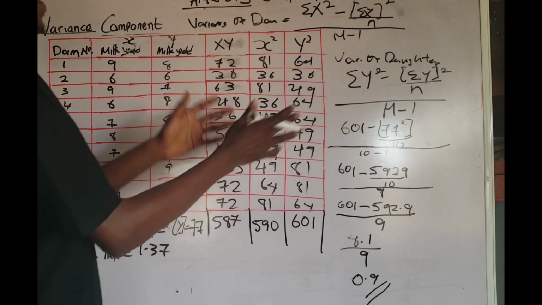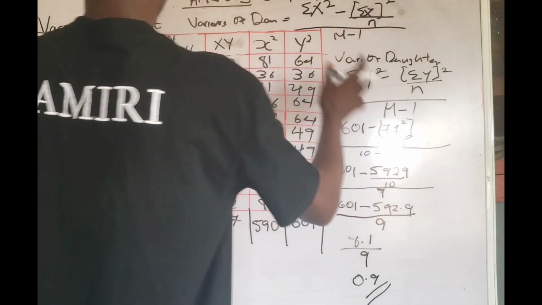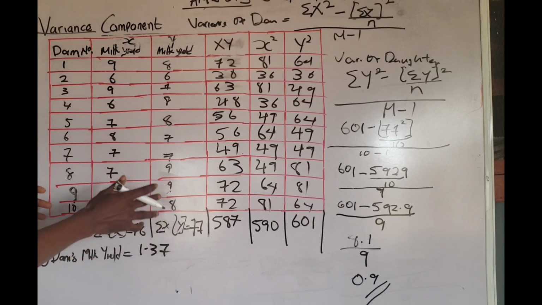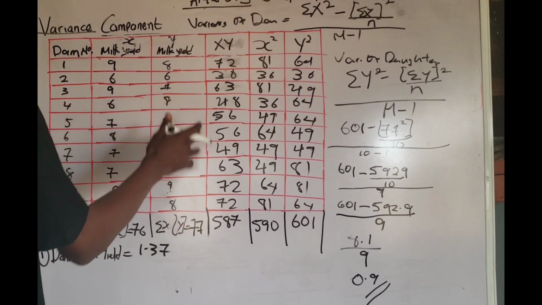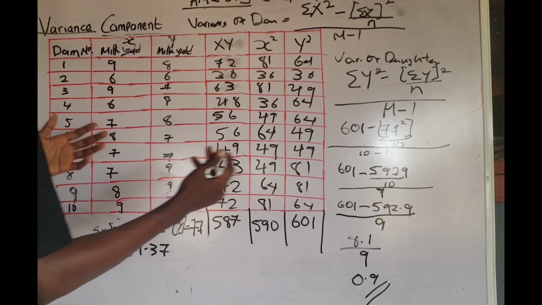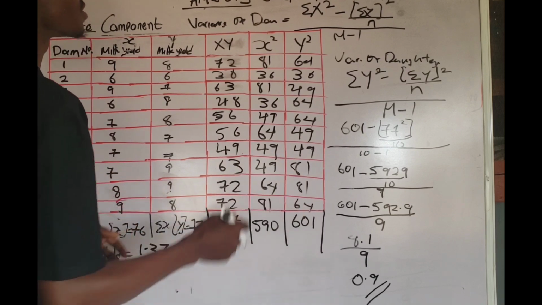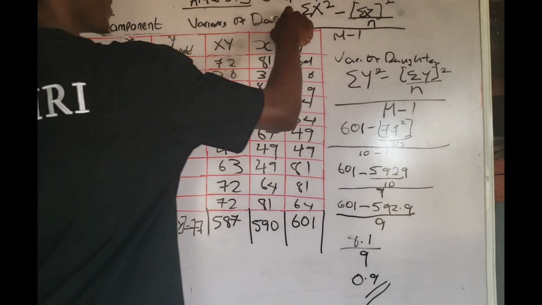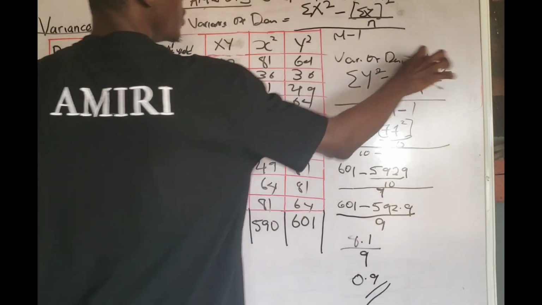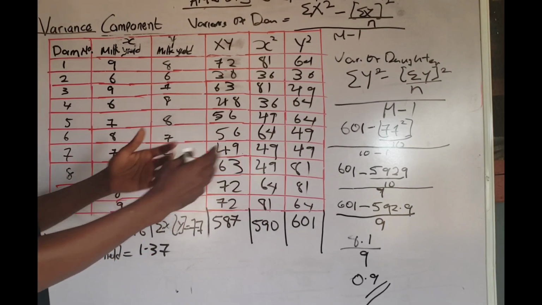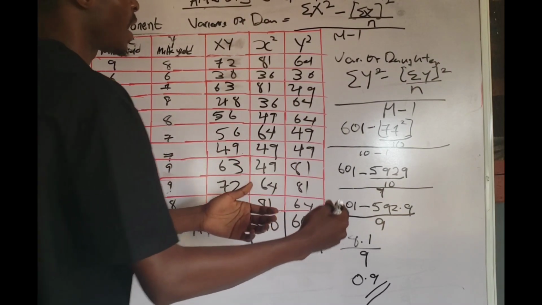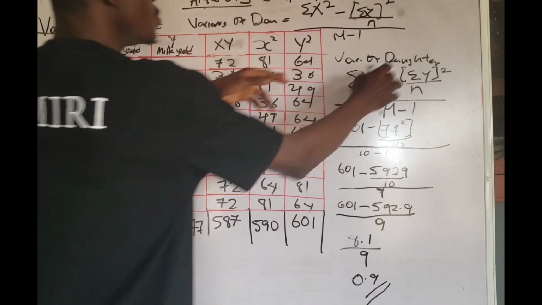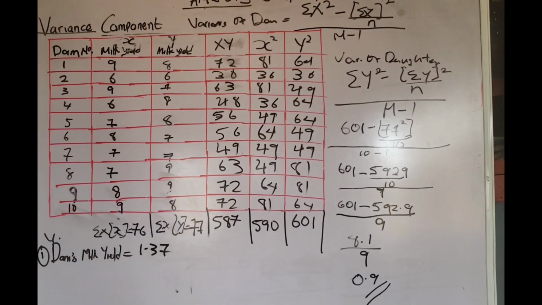Before we arrived at this, we needed to draw our table first. So we need to know the formula on how to calculate those two parameters that we were asked.